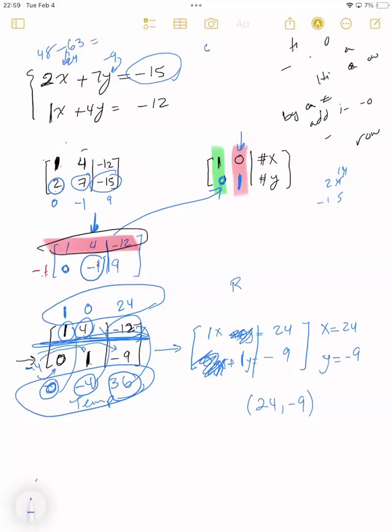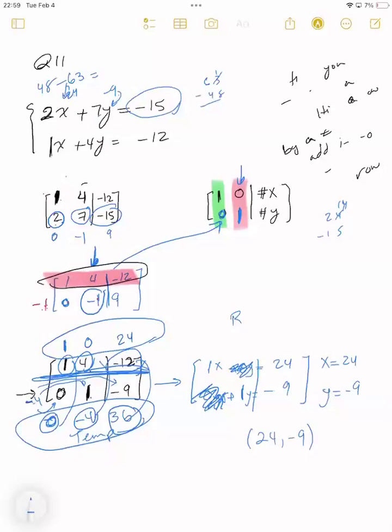And 63 minus 48 is 15. Since 63 is negative and 48 is positive, we get negative 15.